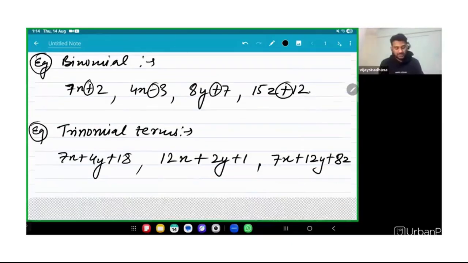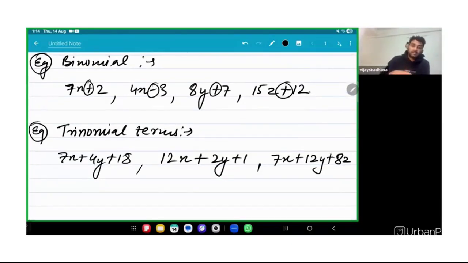Now, in each of the expressions, you will see that there are two operations. It can be either positive or negative. There is no issue in that.